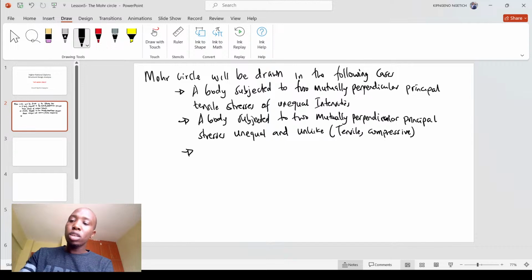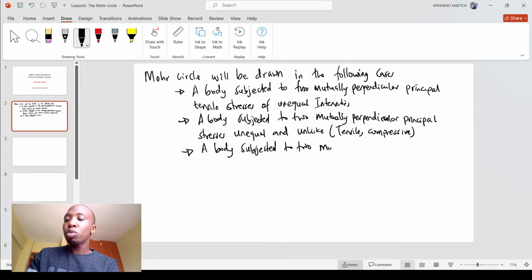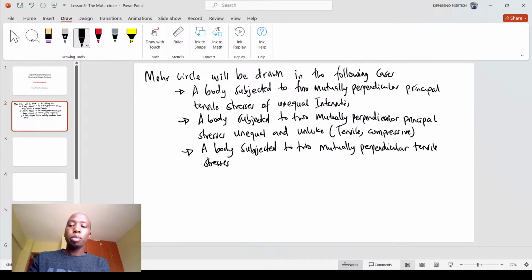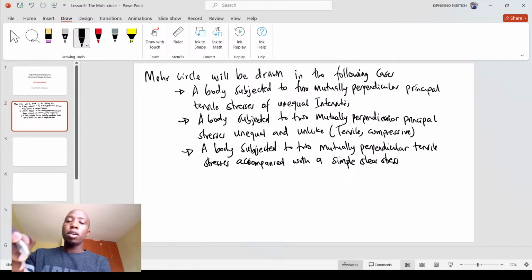The other case in which the Mohr circle will be drawn is when a body is subjected to two mutually perpendicular tensile stresses, accompanied with a simple shear stress.